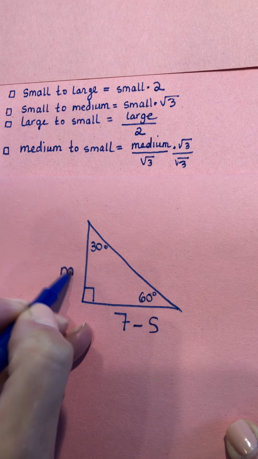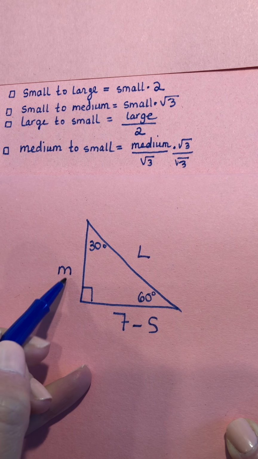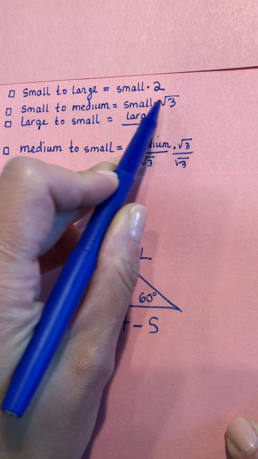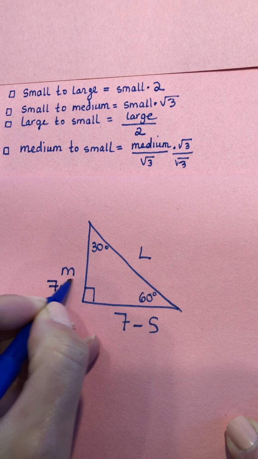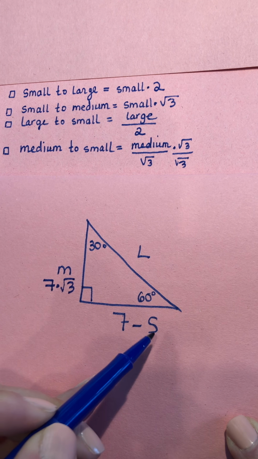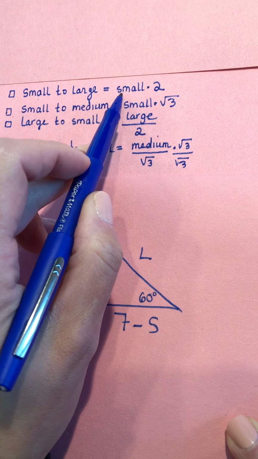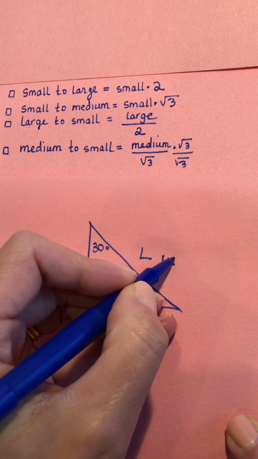Small, medium, large. Going from small up to medium, I take my small side, multiply by root 3. My medium side here is 7 times the square root of 3. Going from small to large is small times 2, so 7 times 2 is 14.